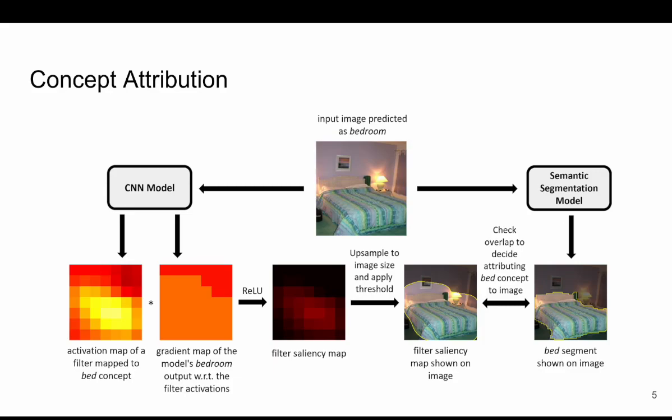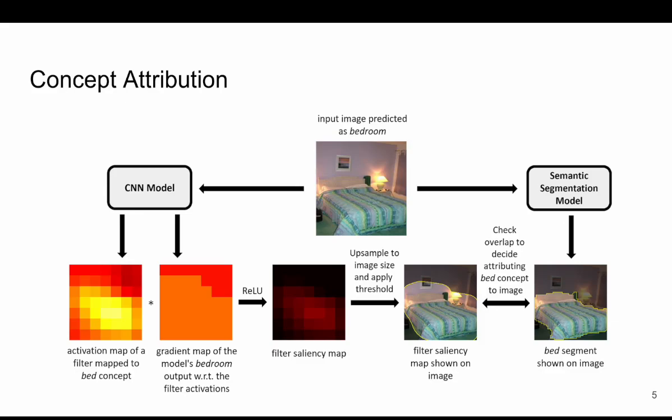Now, one simple way to attribute concepts to images is to say that in this particular image, a bed exists, and then our model classified this image as a bedroom as opposed to a kitchen or a living room. And that might be sufficient to claim that the concept of the bed was important for the model's prediction of this image as a bedroom.